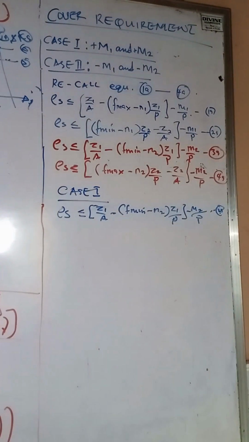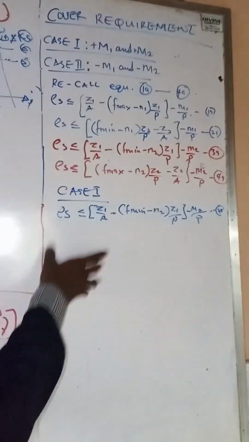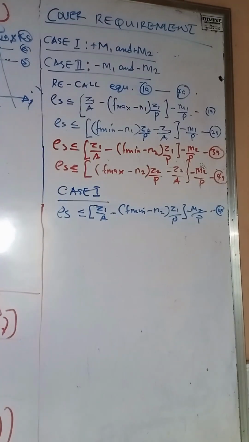We needed equation 3A because we're solving equation 3A and equation 4A, and we're going to have a graphical solution for both of them to obtain our maximum cable eccentricity.